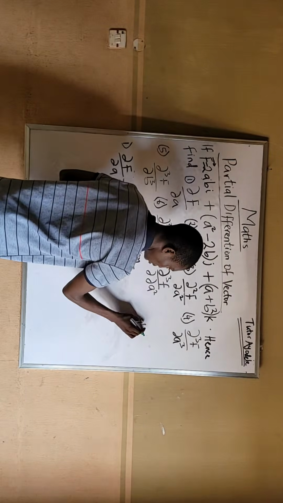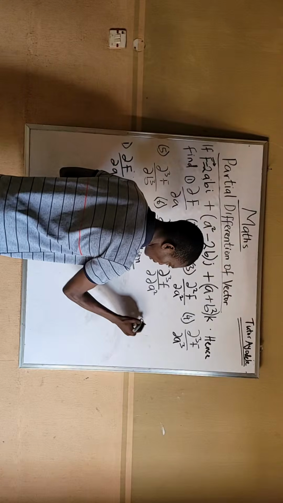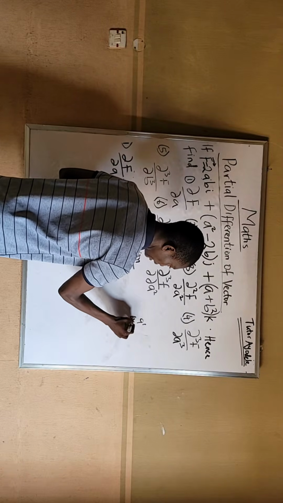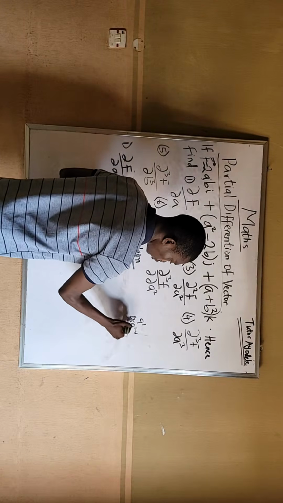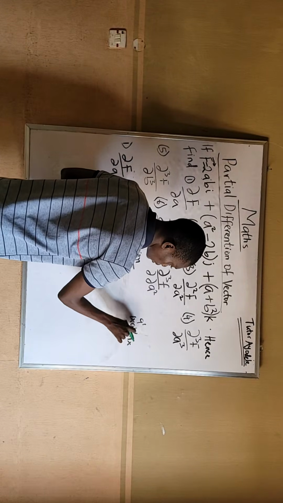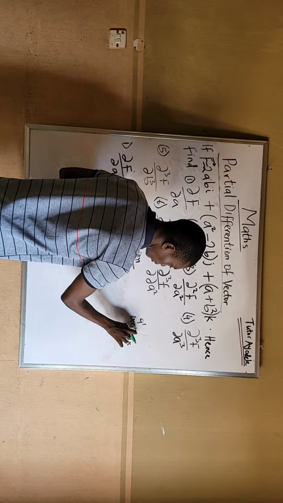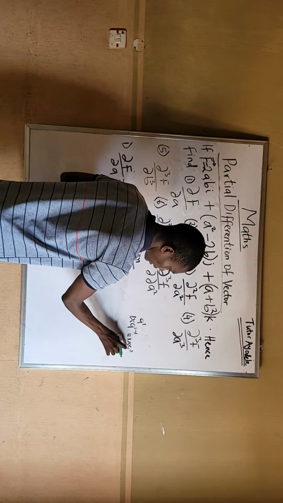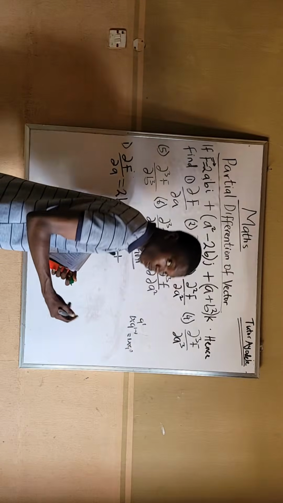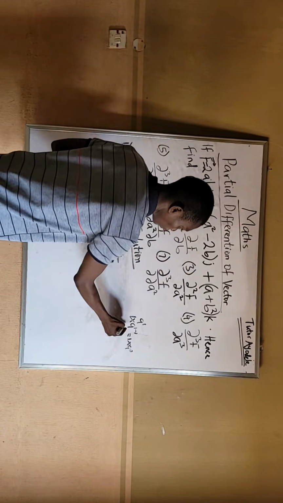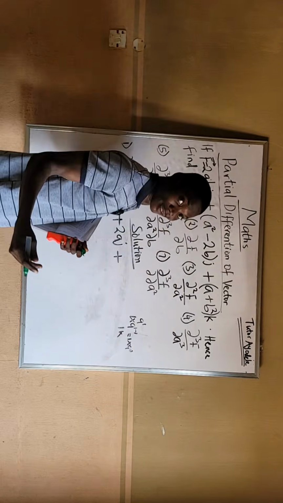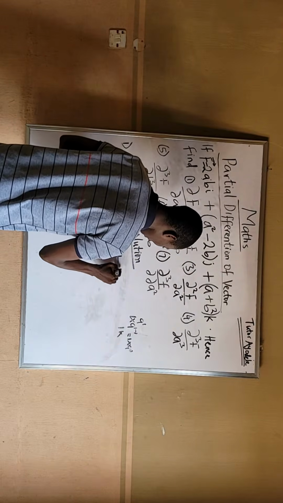So if I differentiate it, it will be 1 times a raised to the power of 1 minus 1, which is a raised to the power 0, and that is 1. 1 times 1 still gives me 1. So it will be 1k. You know that 1k is the same thing as k, so let's just put k.